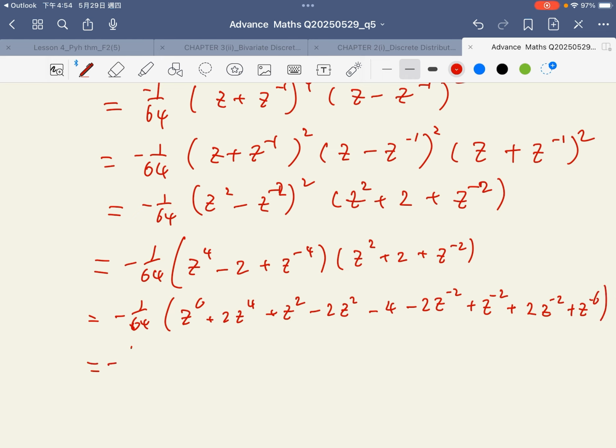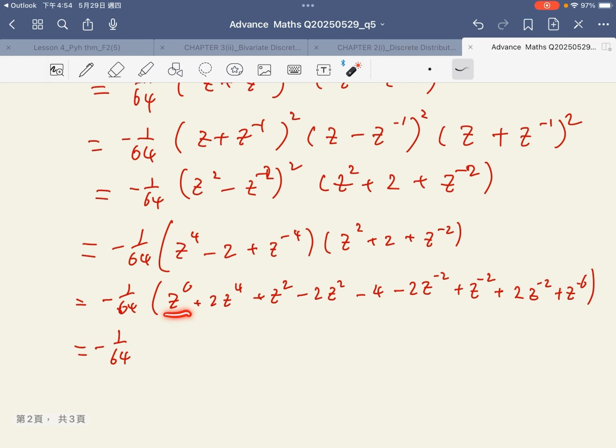There are a total of nine terms, so I try to group them term by term. These two terms are grouped: z to the power 6 plus z to the power minus 6. Oh, I'm making a mistake here.